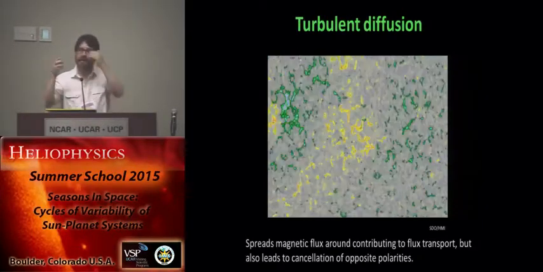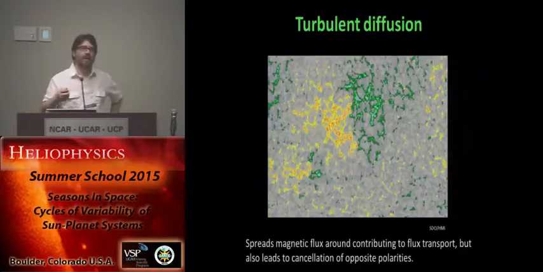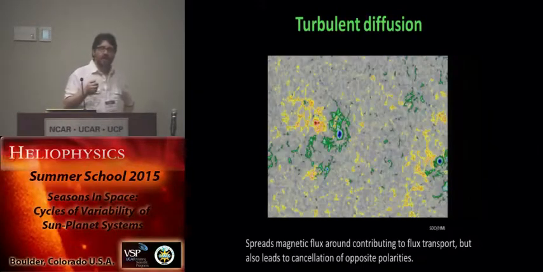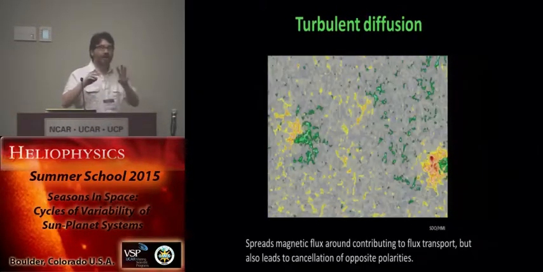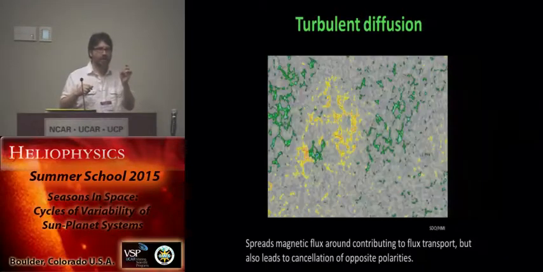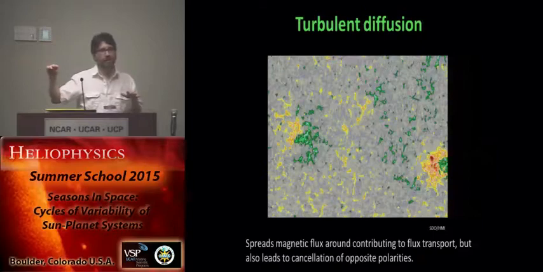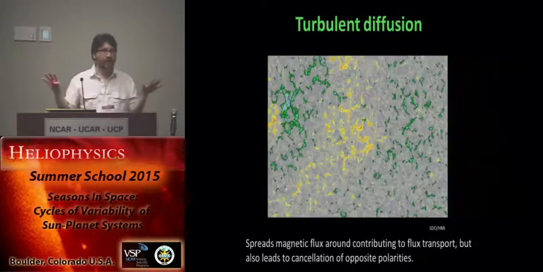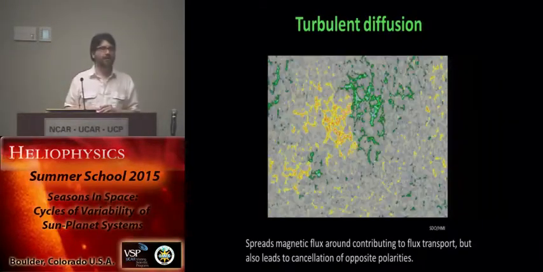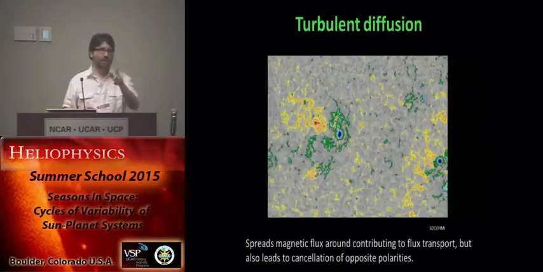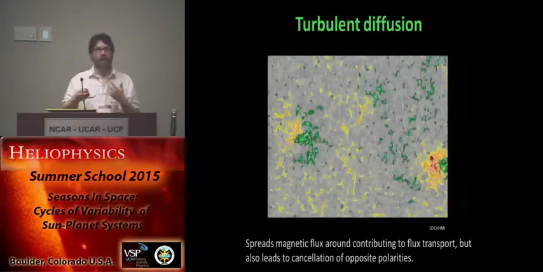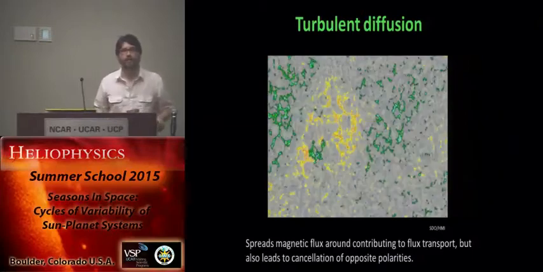This is something that you will see in the lab. If all these three quantities, pumping, diffusion, and meridional flow, have impact on the period, and you leave all the other ones static, then you will see period changes when we change one of them. So it depends on how they interplay.